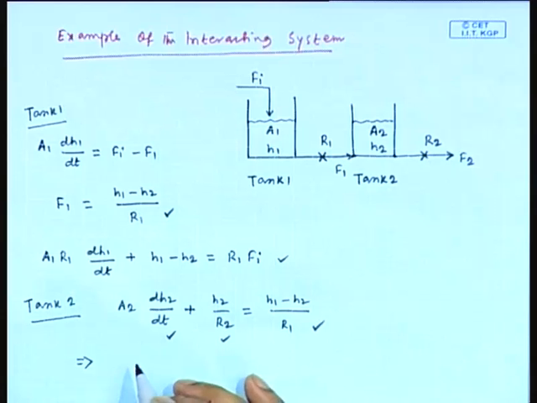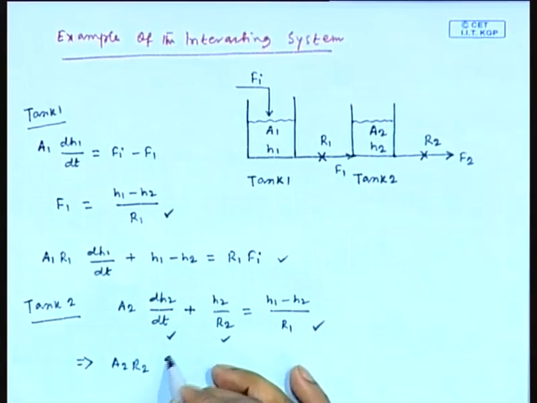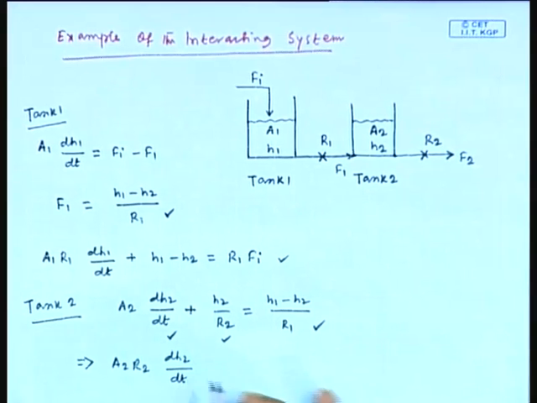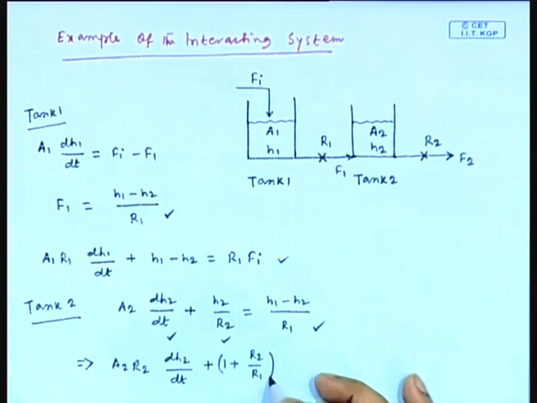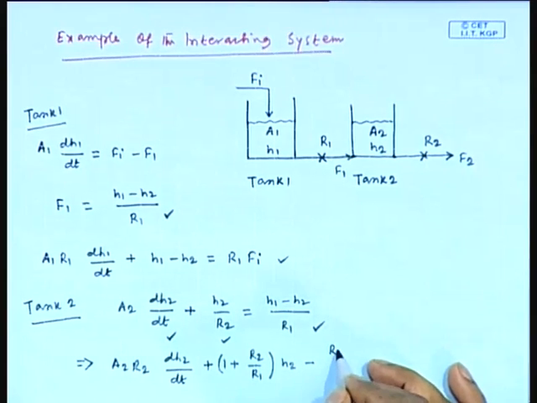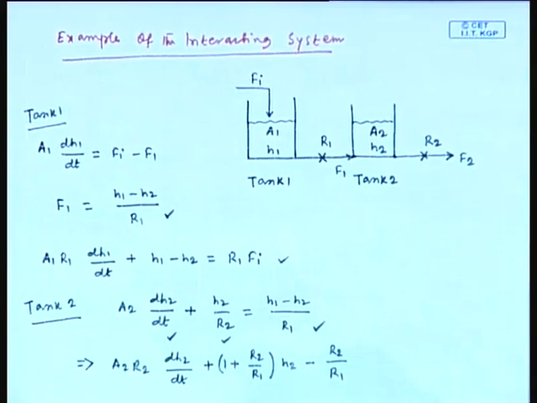Before that we can rearrange this equation and we obtain A2 R2 dH2 dt plus 1 plus R2 divided by R1 H2 minus R2 divided by R1 H1 equal to 0. By rearranging the modeling equation for tank 2, finally we get this equation.